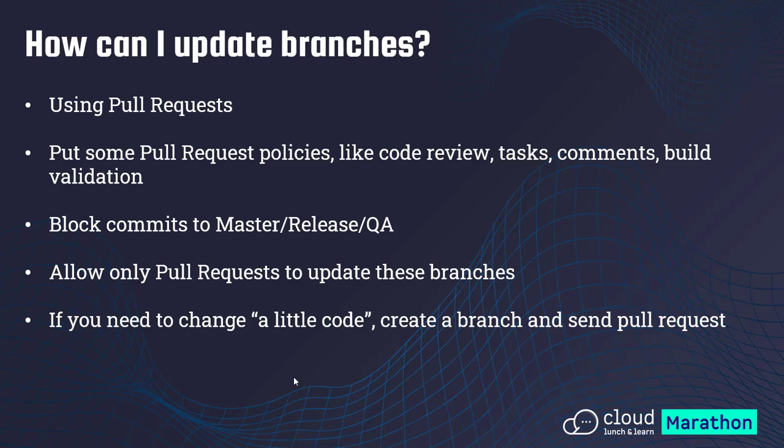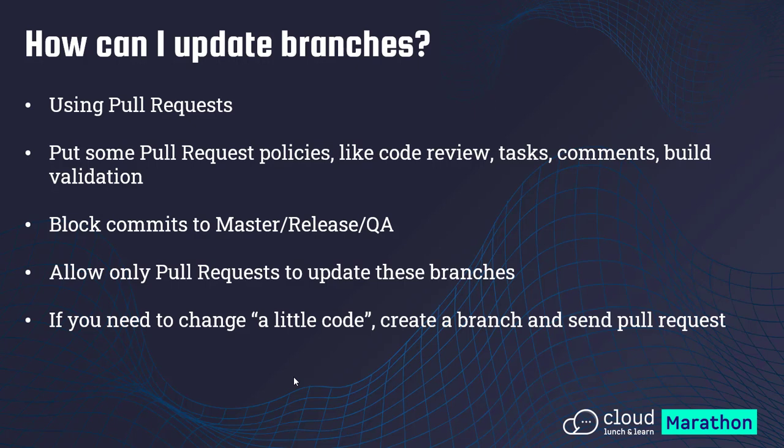And for example, if I have a question for a developer, I can create a comment inside the code. This is a code review. I can create a policy based on tasks. For example, every commit needs tasks or comments or build validation. I can accept your pull request if all tests and the build are okay.